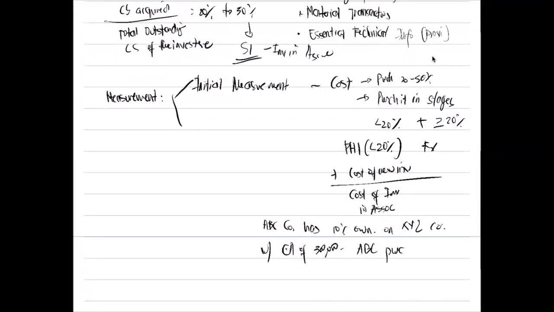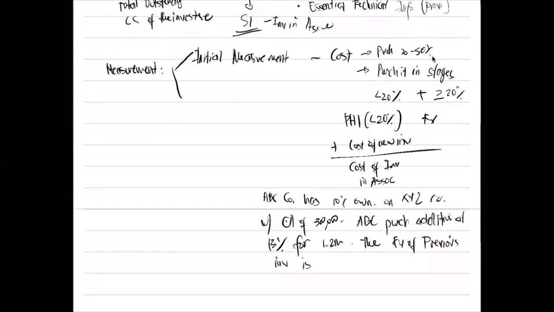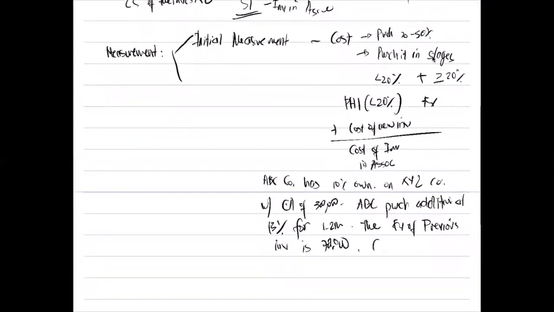ABC purchased an additional 15% for 1.2 million pesos. The fair value of the previous investment is 700,000 pesos. So what is the cost of investment in associate, or what is the initial measurement?